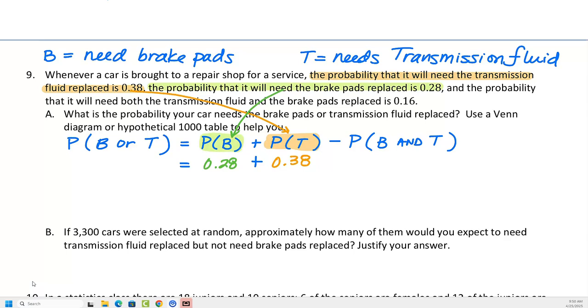And then finally, it says, and the probability that it will need both transmission fluid and brake pads replaced is 0.16. That's this one here, isn't it? So there is overlap because it has an and. So this is 0.16. We're subtracting that.